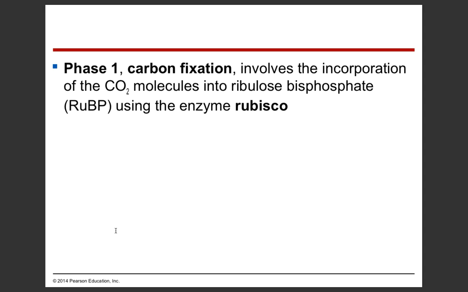So this is RuBP, using the enzyme Rubisco, which we learned in our rap song. It's like the most common enzyme in the world because plants. So it involves the incorporation of carbon dioxide molecules into ribulose bisphosphate using Rubisco. So we're going to turn CO2 into this using this.